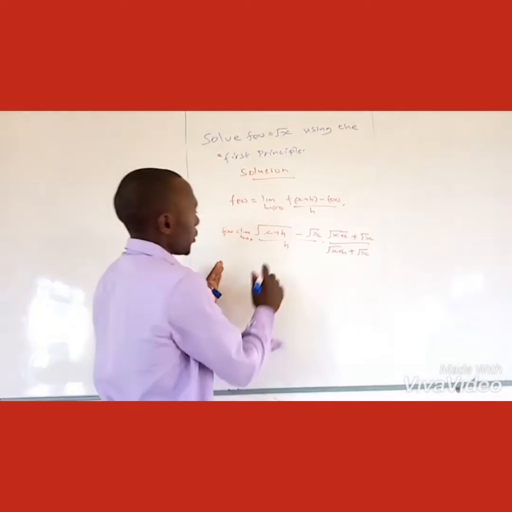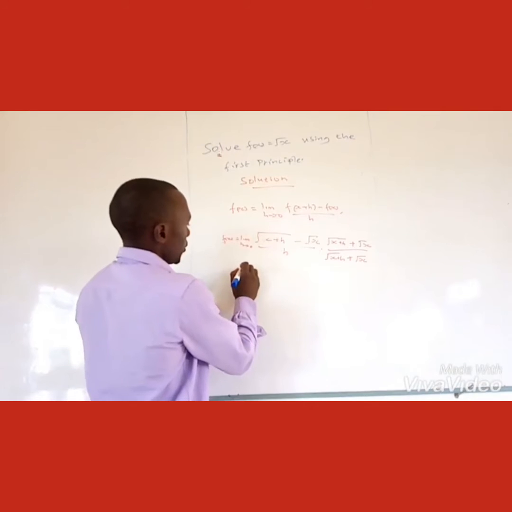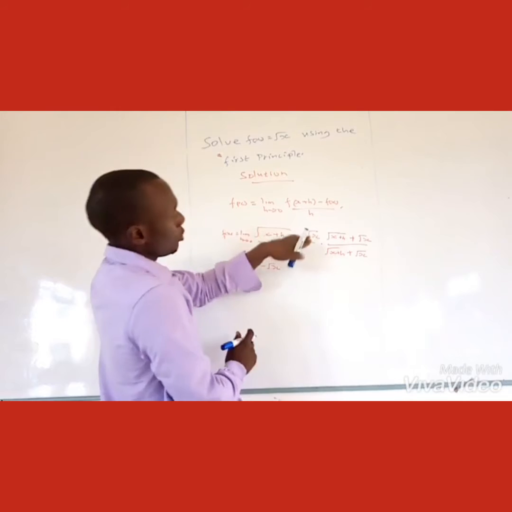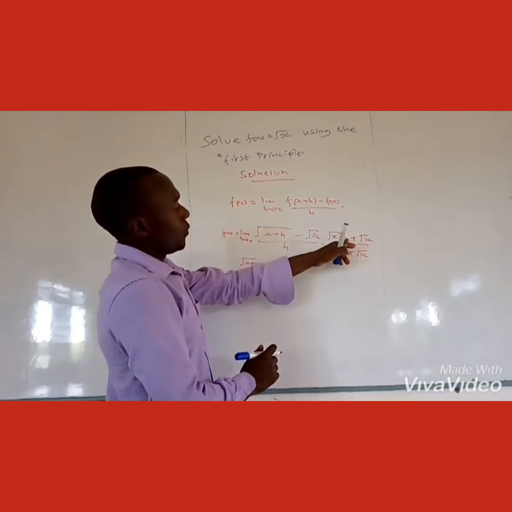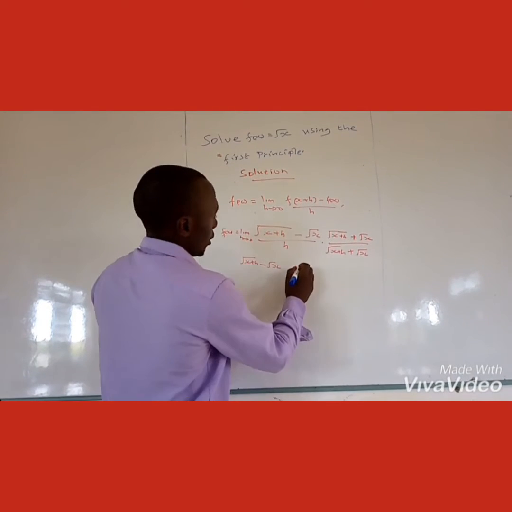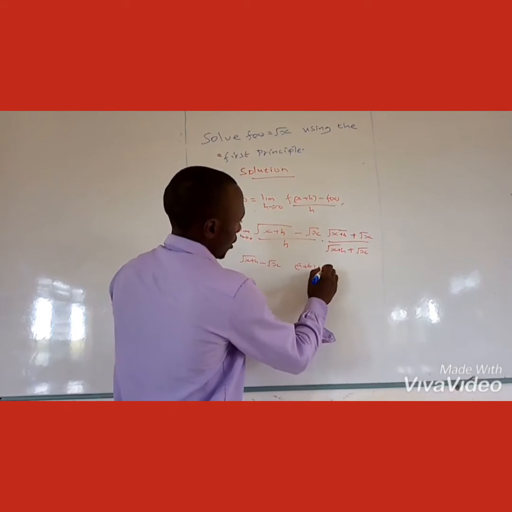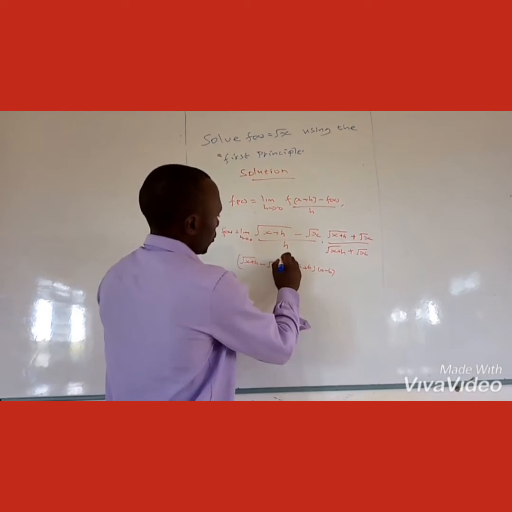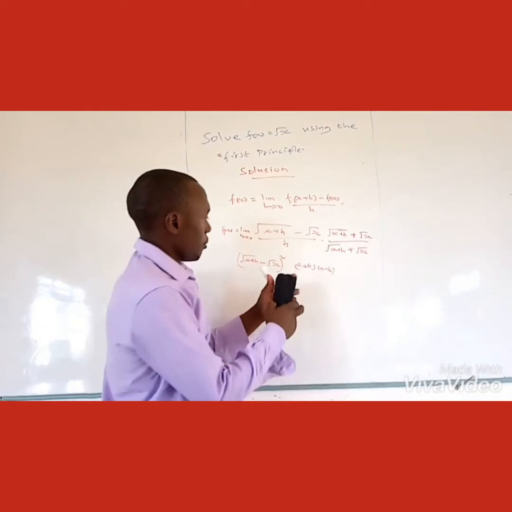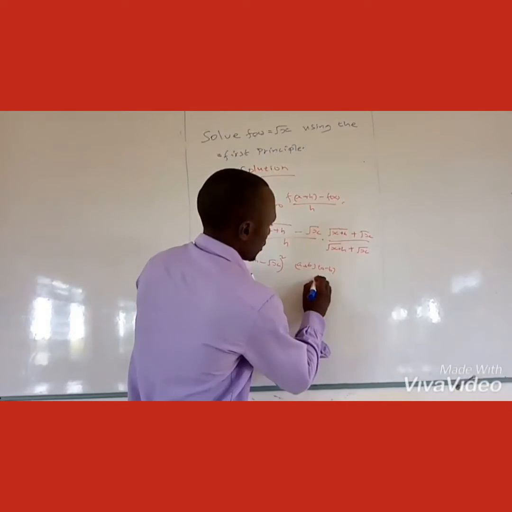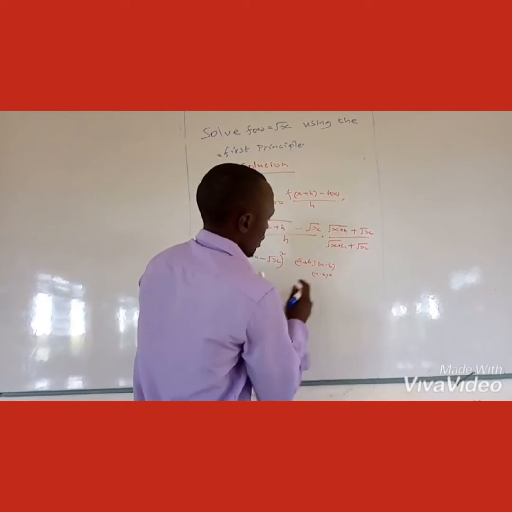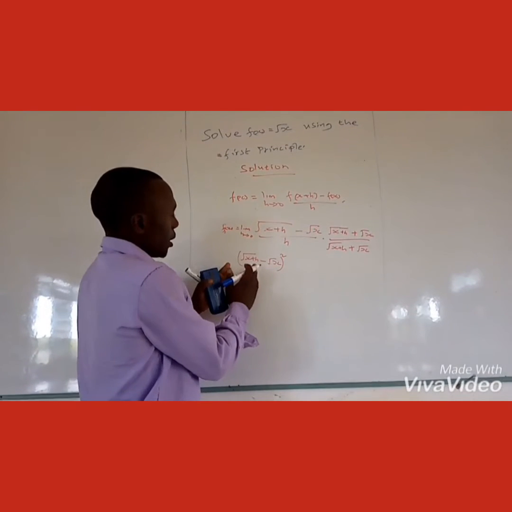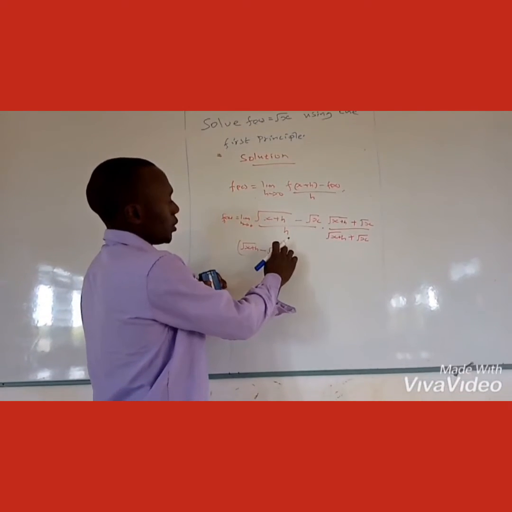So at this point, let us work out the numerator. It is the root of x plus h minus the root of x. But you can realize this one is a difference of two squares. It is like a plus b, a minus b, and therefore we can write it as a squared minus b squared.